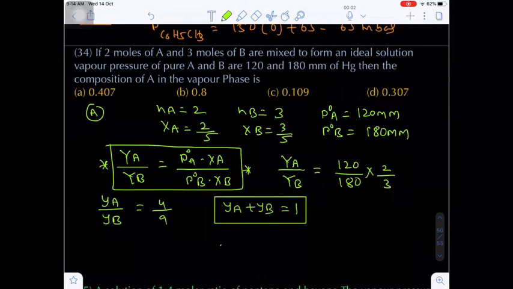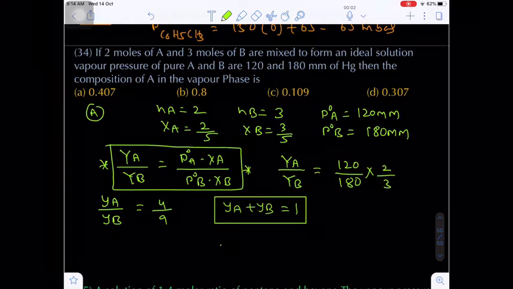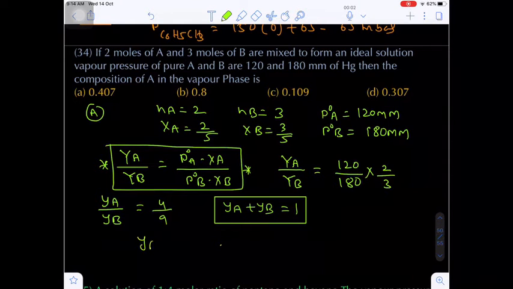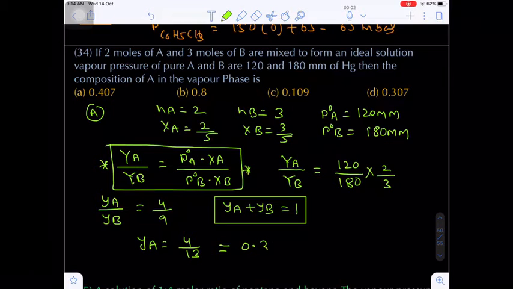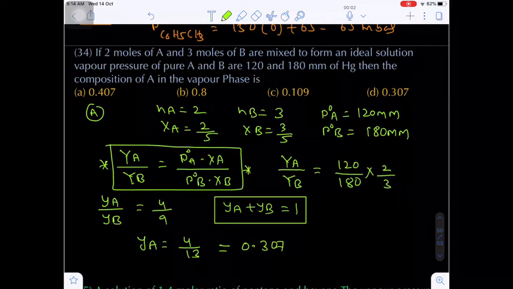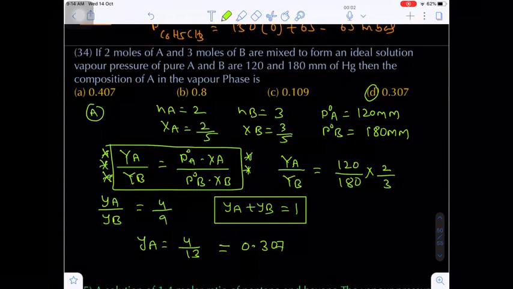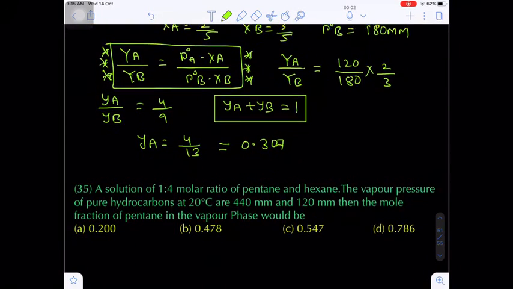So we have two equations and two unknowns, so we can easily simplify. From these two equations, after simplification, you will get the mole fraction of component A in the vapor phase, which is equal to 4/13, which is equal to 0.307. So this is a very useful relation between the mole fraction in the vapor phase and the mole fraction in the liquid phase.